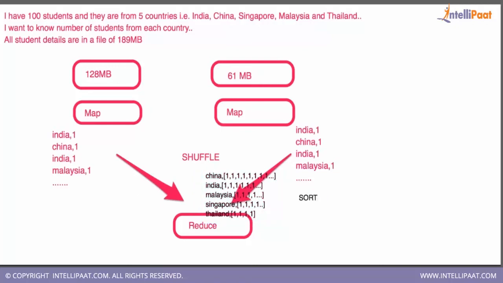And finally, reducer will take one bag at a time and say: China 30, India 30, Malaysia 20, Singapore 10, Thailand 10.